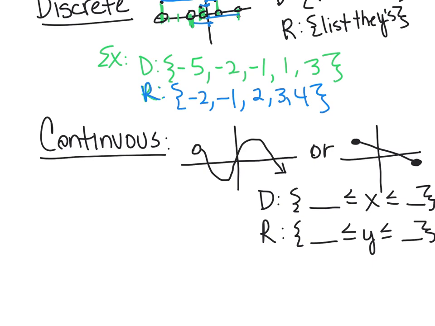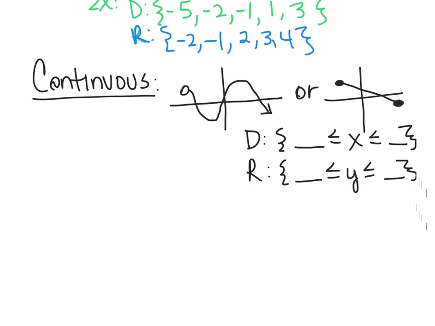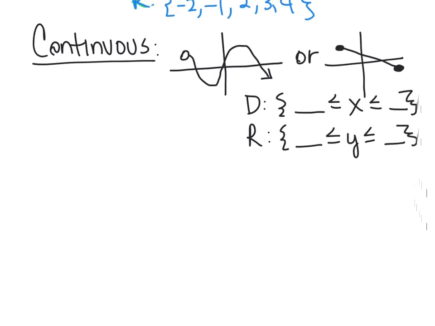So these symbols here, all of these symbols could be just this. It just depends on your graph, okay? So we'll use whichever, if it's a solid dot or an arrow or what. So for example, let's do a little example for this graph right here.